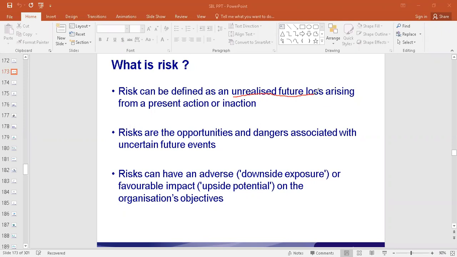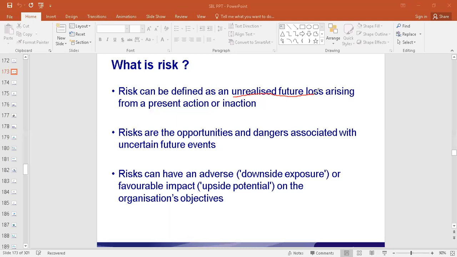Some say that it is just some amount of variation from the expected one. Some say that it is a financial, monetary loss that happens because of variation. Here, in this particular context, it is presented as an unrealized future loss arising from a present action or inaction.